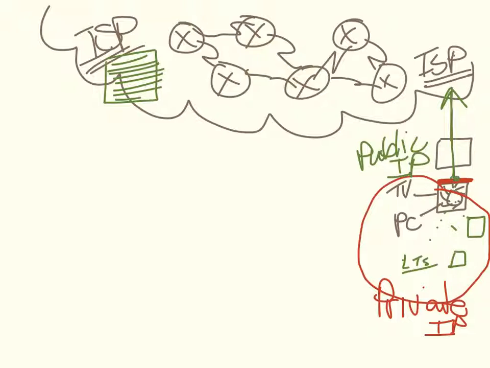So all these devices in here could be on the internet at the same time. They send their information out, okay, into the internet. It goes somewhere. Let's say my wife is going to Pinterest, okay, and then it comes back, and then her laptop, when it comes back in, it uses the same public IP to get back, because it only needs one because it's all coming back to the same place.